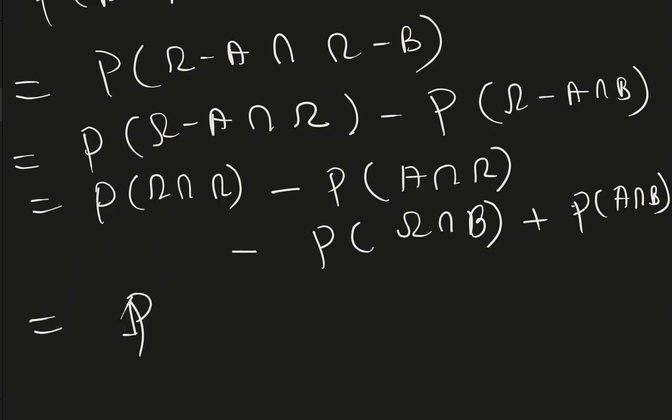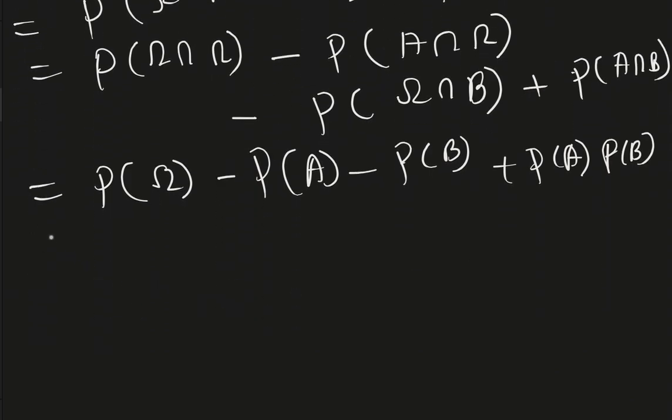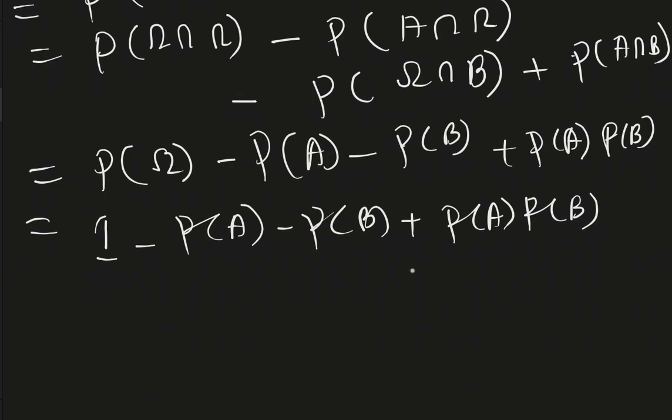So P of, sorry, let me write it here. P of intersection minus P of A, P of B, and we know this is PA into PB since A and B are independent, and this is 1, so 1 minus PA minus PB plus PA PB.